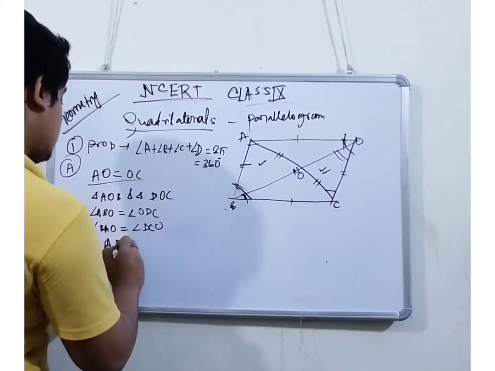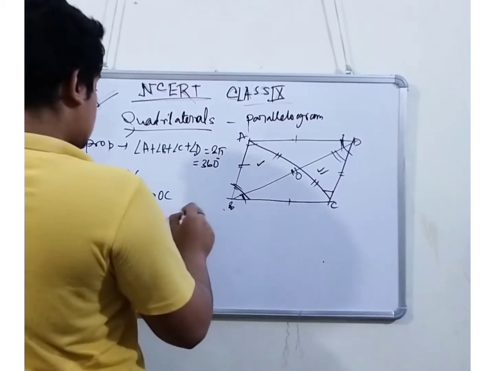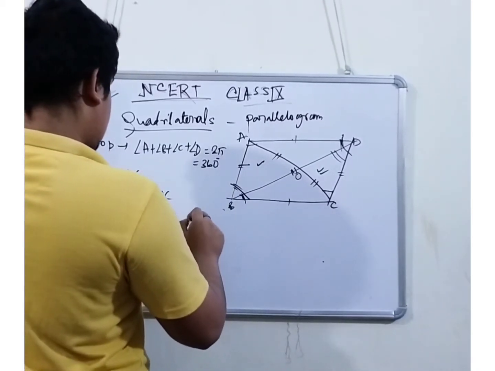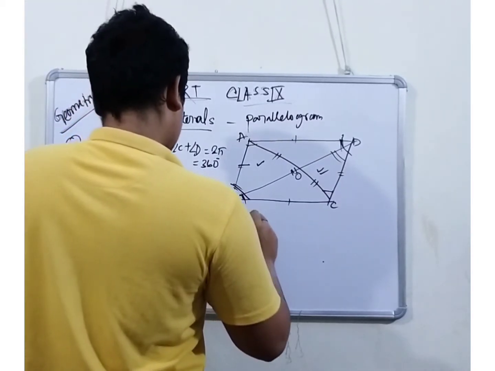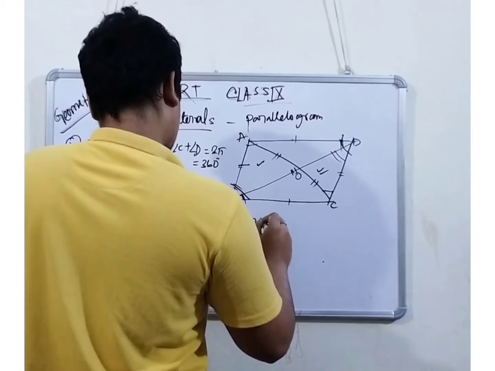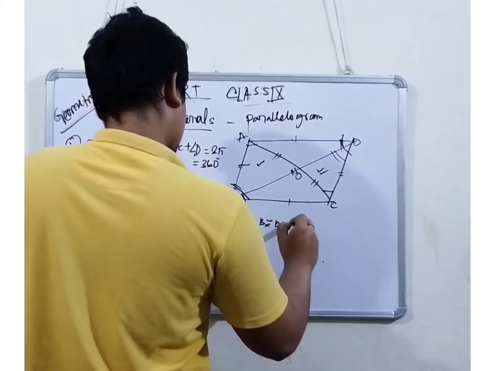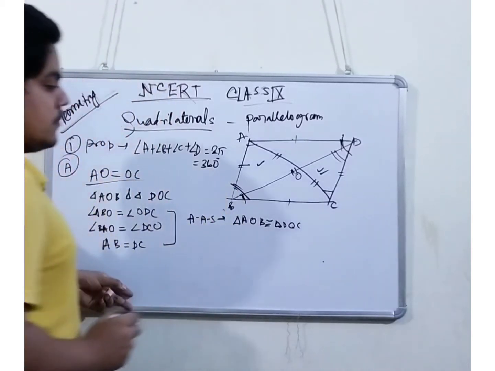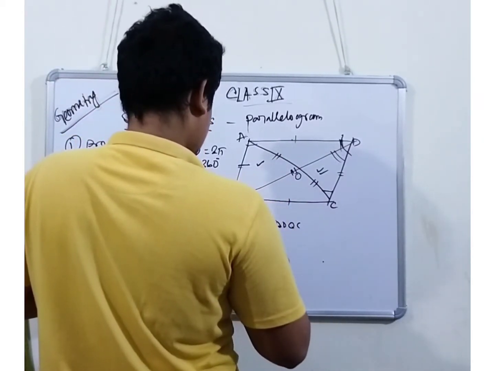So AB is equal to DC. From the AAS axiom, I can say these two triangles are congruent. What can I say from that? AO is equal to OC.